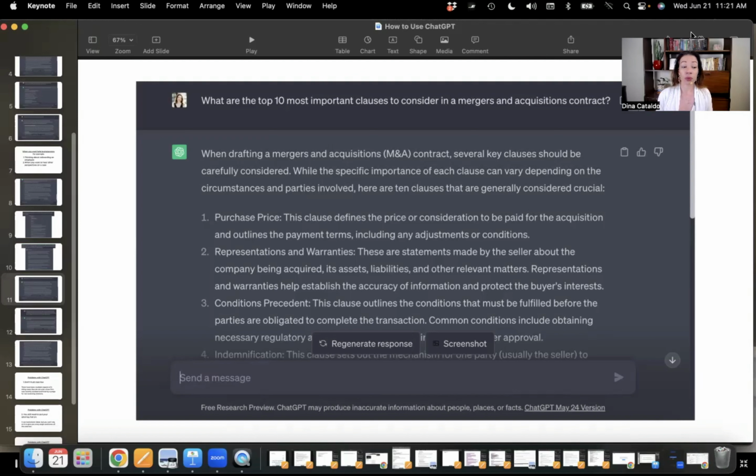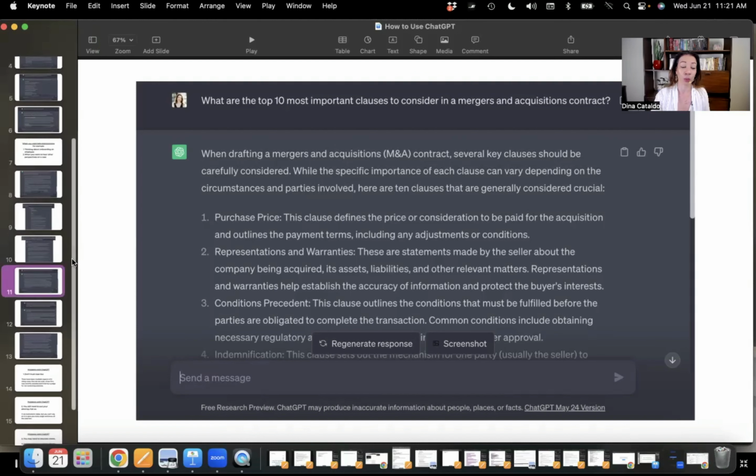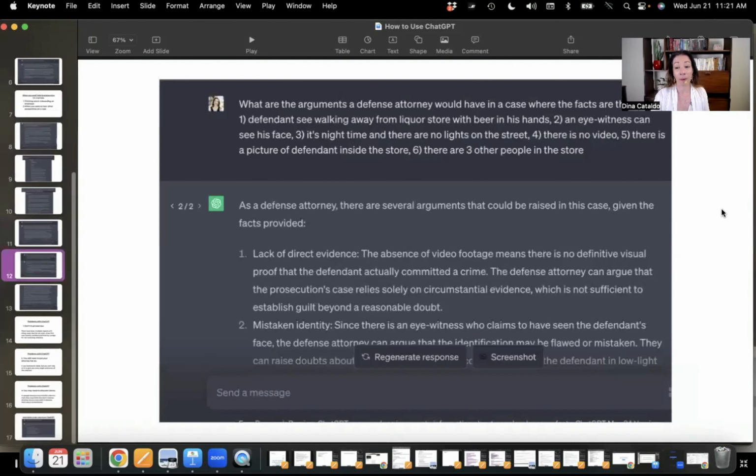But for newer attorneys who are afraid they're missing something really basic, you can go in, get some answers, and then go to your higher level feeling a little more confident that you've checked off some boxes and haven't missed something basic like purchase price. So just know that it is available to you, but it is not the be all end all.